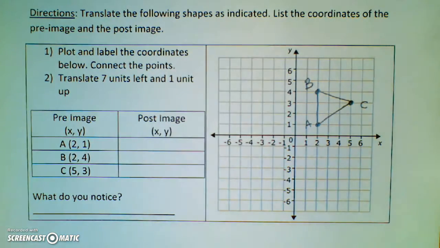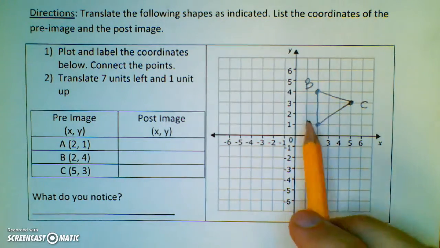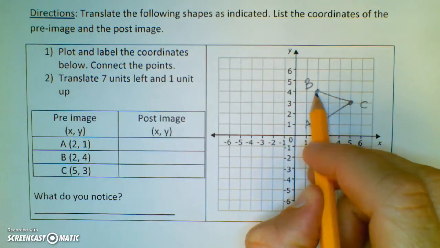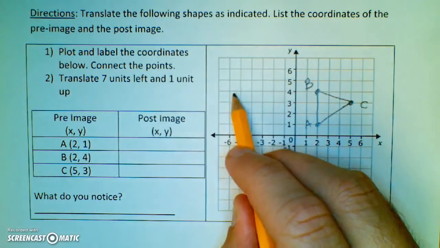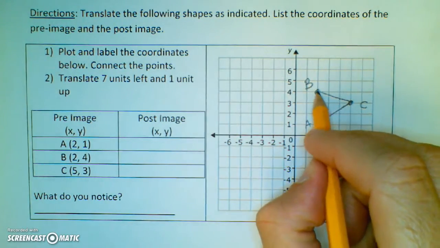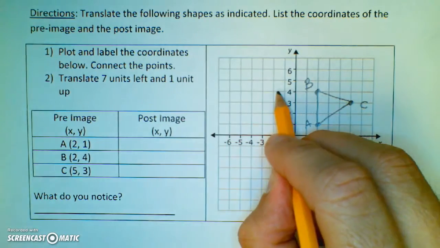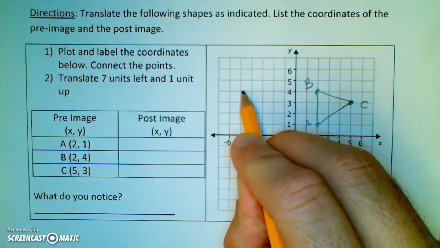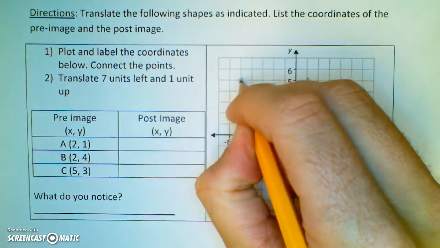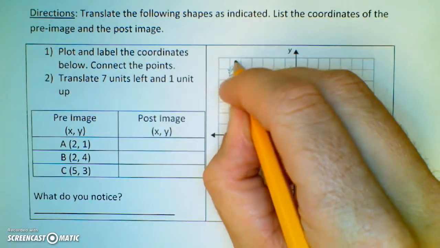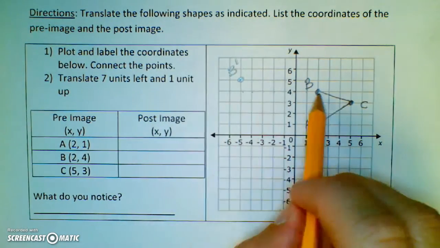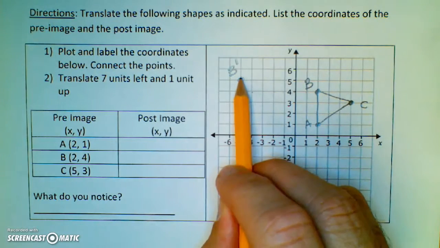What it says is to take each point and move it 7 units to the left and 1 unit up. So I'm going to start at B. I'm going to count 7 spaces to the left and then 1 unit up. Starting at B, 1, 2, 3, 4, 5, 6, 7, and 1 unit up. That is B prime, because that's how I shifted B from that position to this new position.